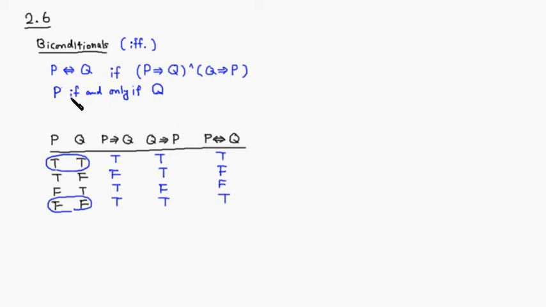If, right? If is the implication this way. P if Q, so the implication is actually Q implies P, and only if is the other way around. So this is the P implies Q implication, right?